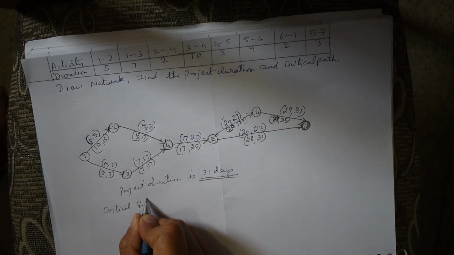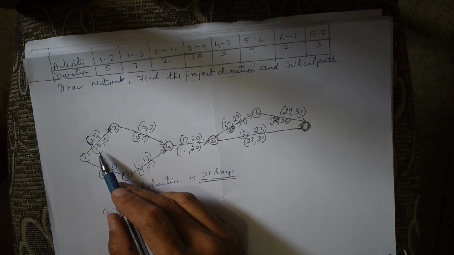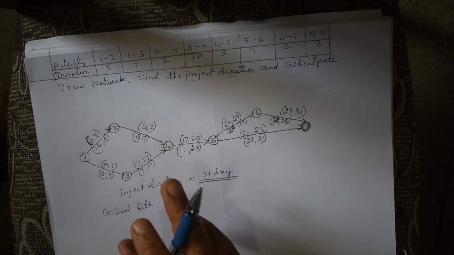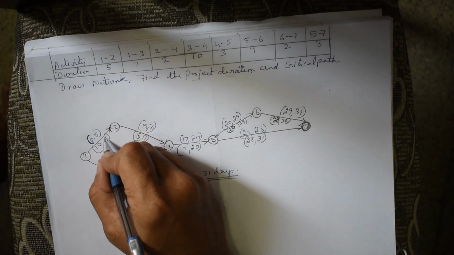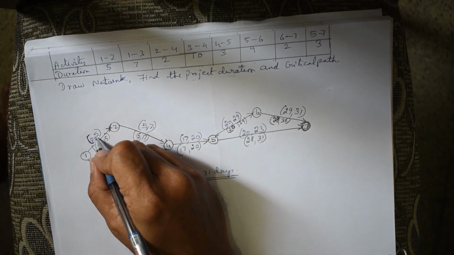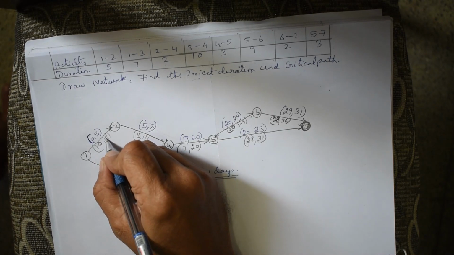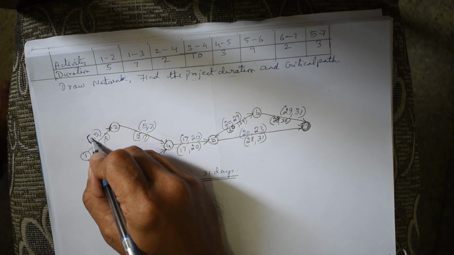For the critical path, just check the EST, EFT, LST, LFT. If the timings are equal and the same, that is a critical activity. For example, for 1 to 2, the timings are not the same. EST is 0, EFT is 5, here LST is 10 and LFT is 15, which means EST and LST are not the same.